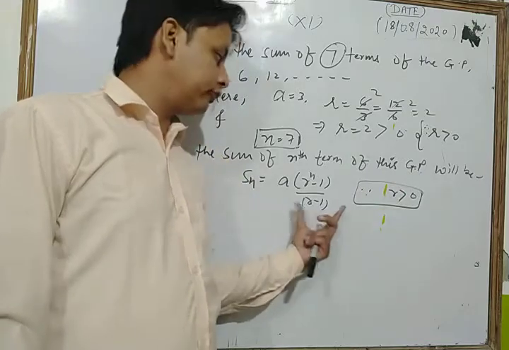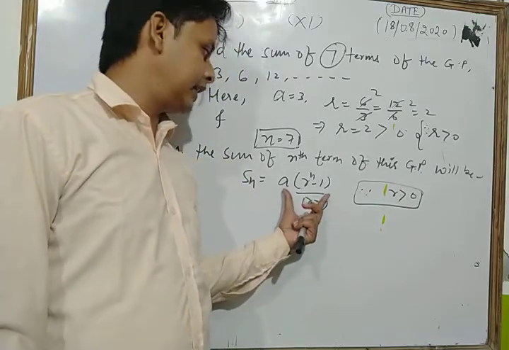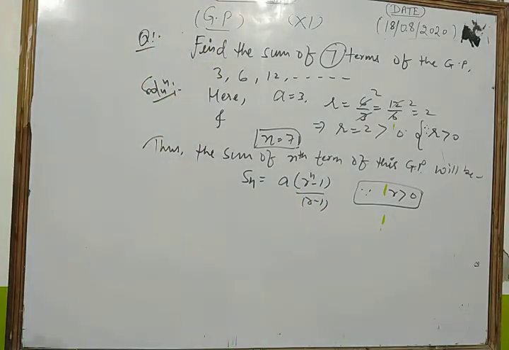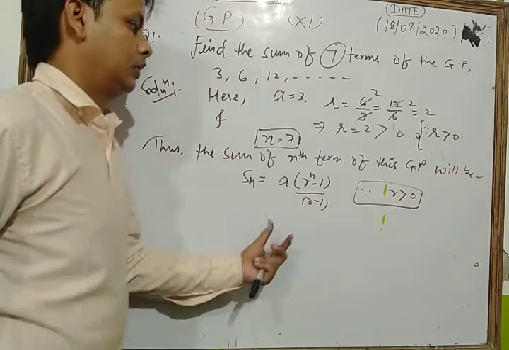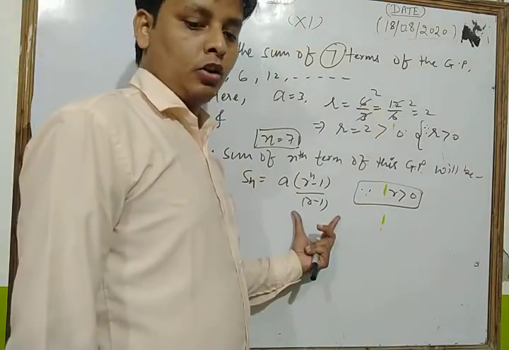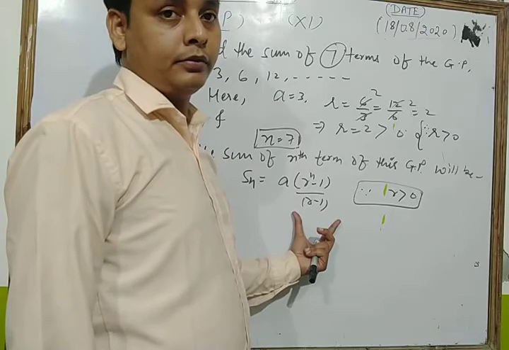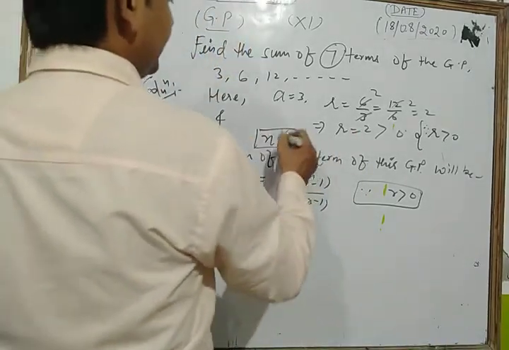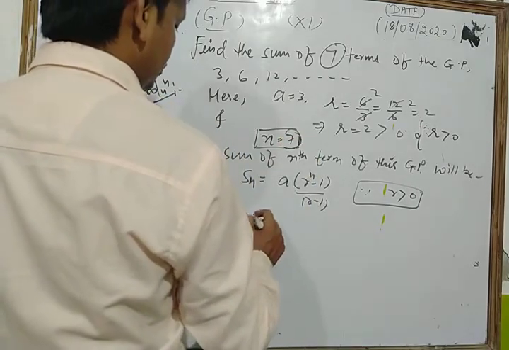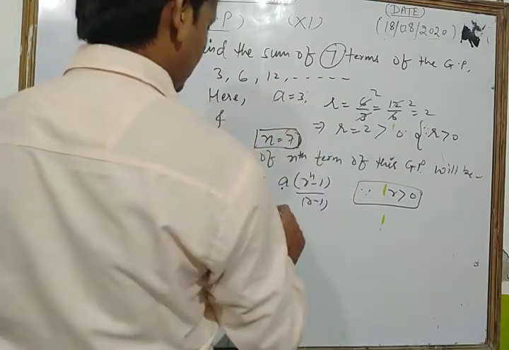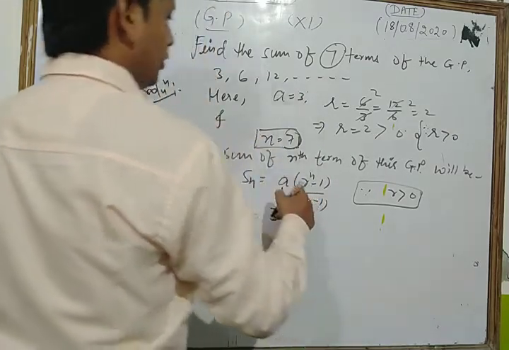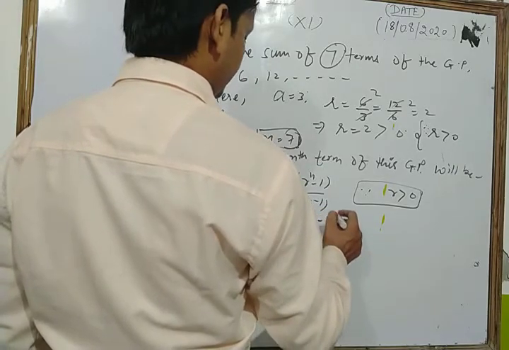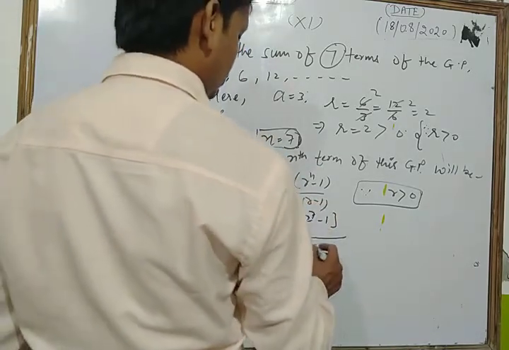So here we apply the formula of the sum of n terms of a GP, a(r^n - 1)/(r - 1). Now we put the value of each term. Since we want the sum of 7 terms, S7 = a(r^7 - 1)/(r - 1). The value of a is 3, the value of r is 2, so 2 to the power 7, minus 1, upon 2 minus 1.